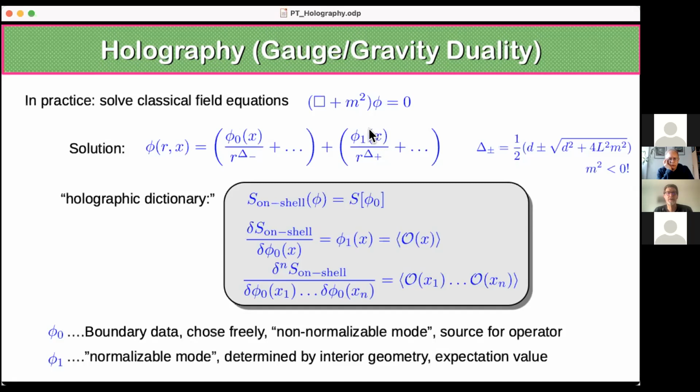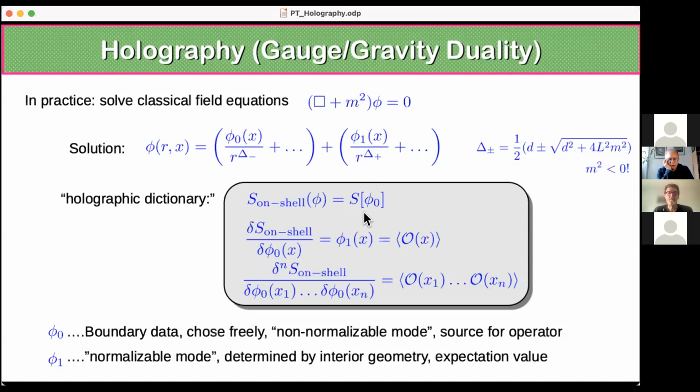And that means that in your path integral, if you fix this mode, this cannot fluctuate. You keep the boundary condition fixed, but this one can fluctuate. In terms of the solutions, this solution you can determine just from the boundary data, but the subleading solution, you have to impose boundary conditions also in the interior to really determine the value of this phi 1 field, that's, so to speak, the dynamical information.